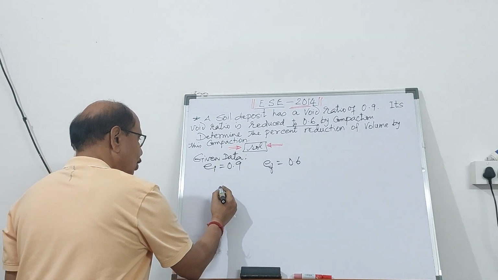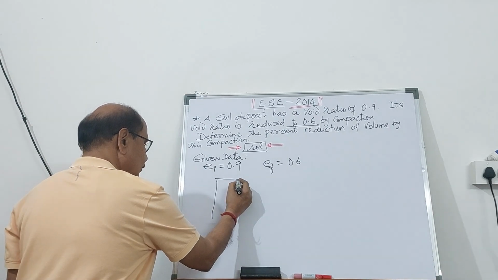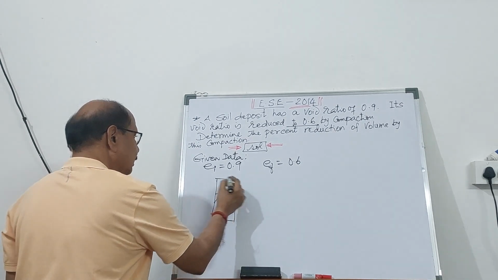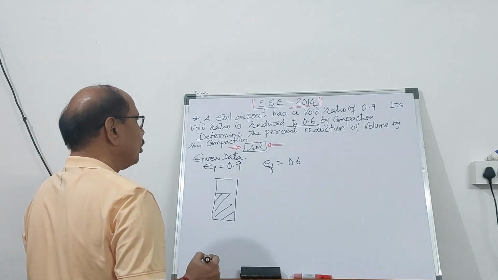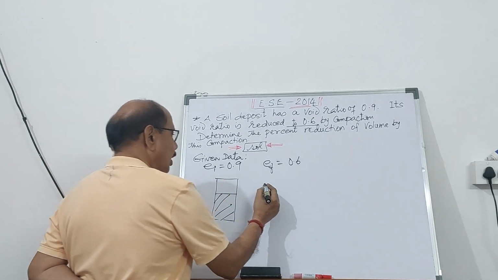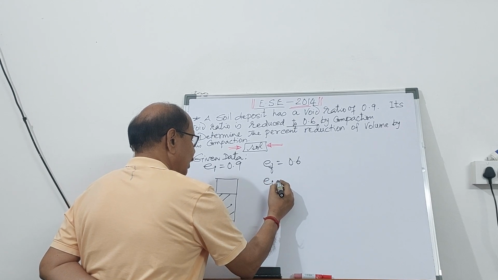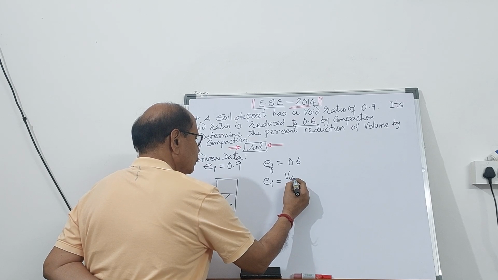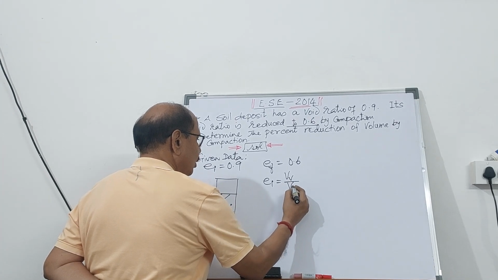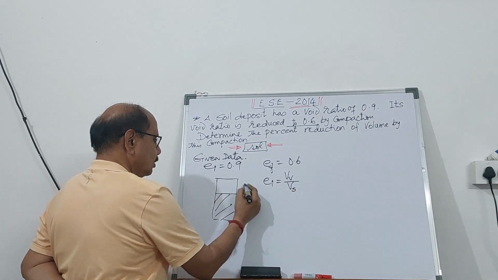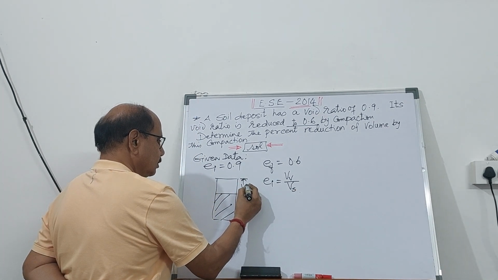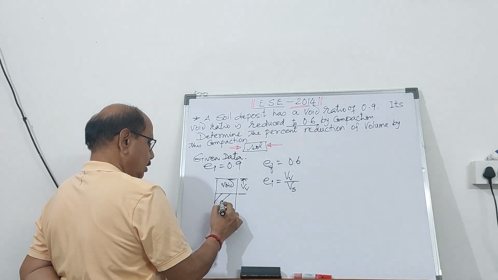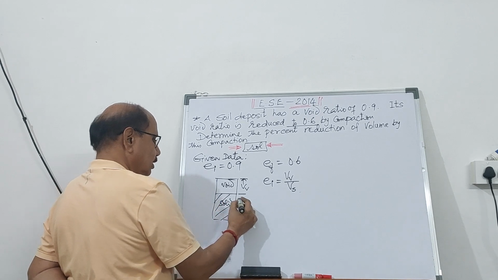If you draw the three-phase diagram here, the soil deposit has an initial void ratio, which is the volume of void divided by volume of soil solids. So this is the volume of void, this is the void, and this is the soil solid.